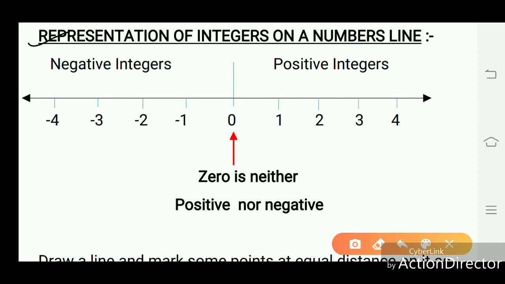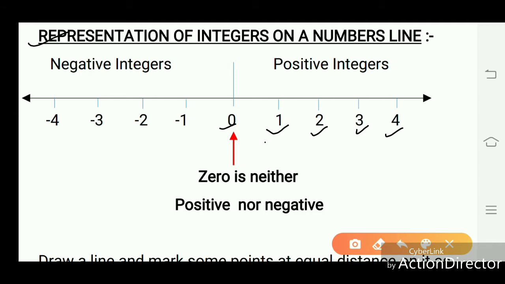Representation of integers on a number line. We write 0 in the middle of the number line, and on the right hand side we write 1, 2, 3, 4. These are known as positive integers.